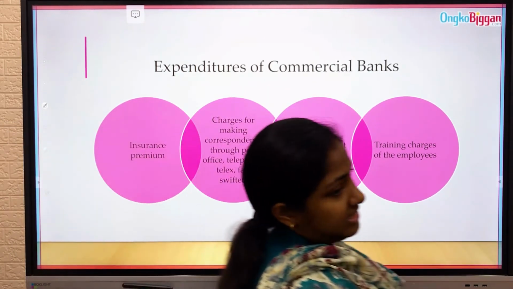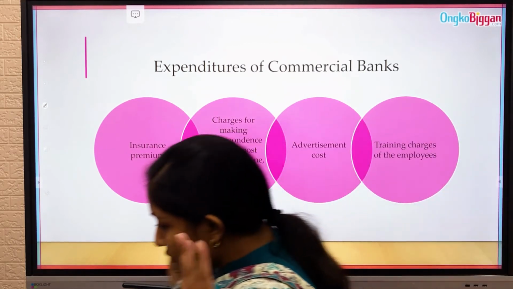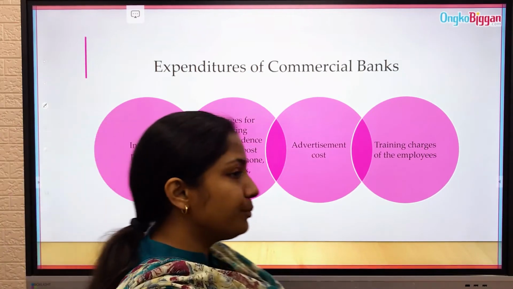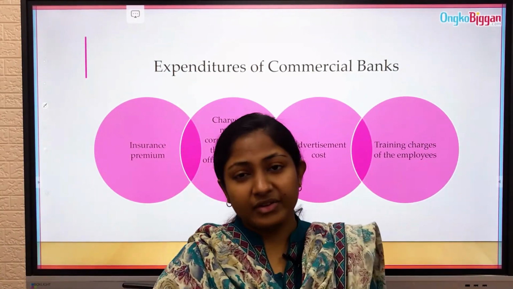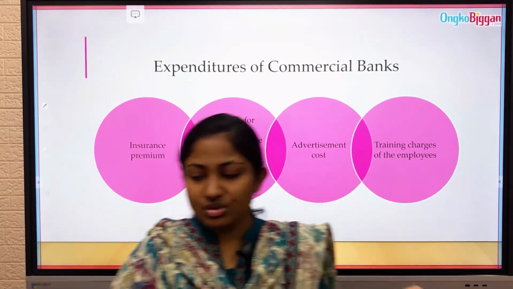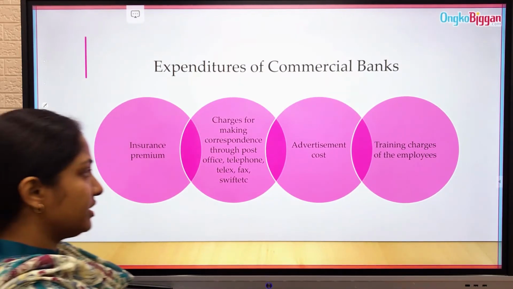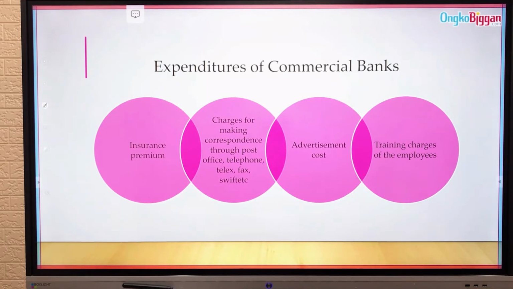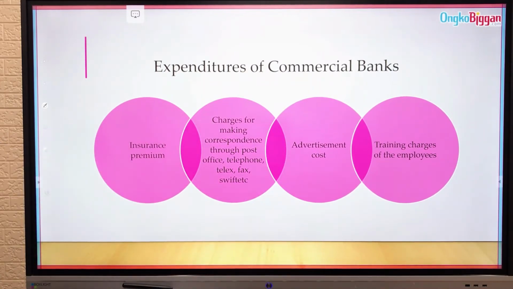Another one is advertising cost. Advertisement cost is to improve their brand, to improve your bank name. You have to advertise between the TV news. Also you can post on your Facebook pages or any kind of YouTube channel, so that people will learn about your bank, your financial activities, and also your terms and policies that you provide for your customers.